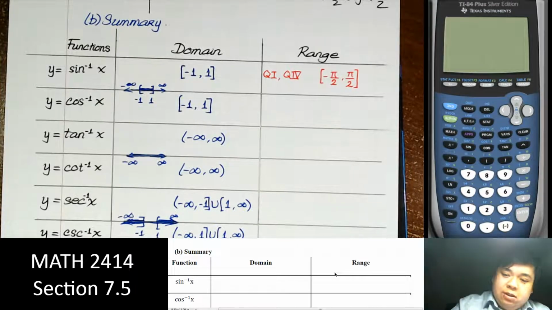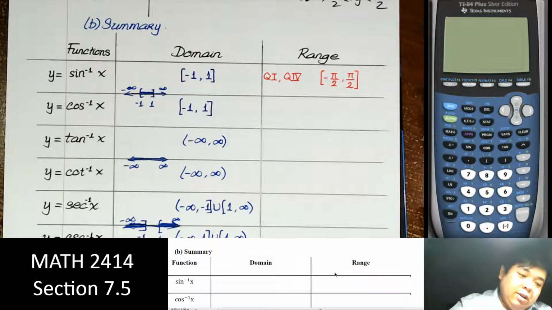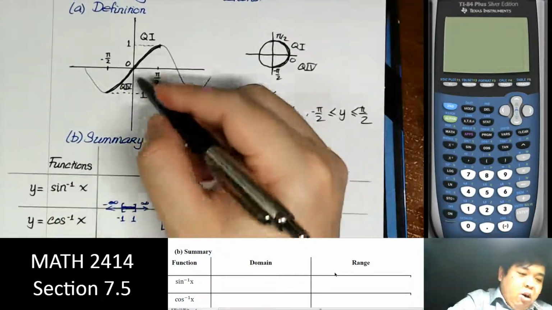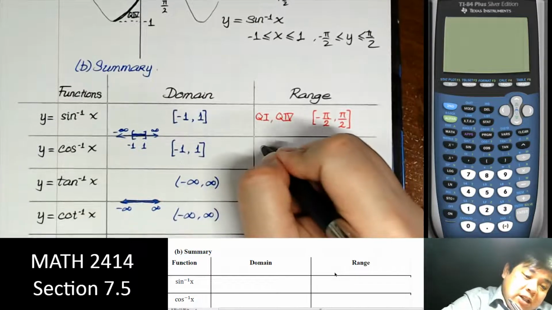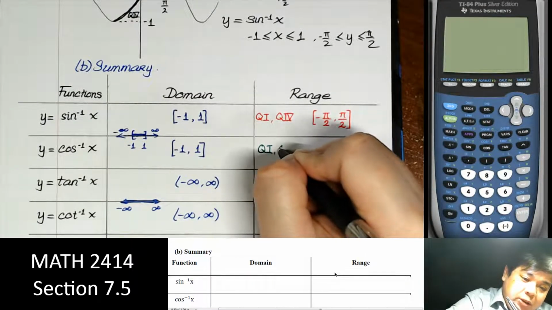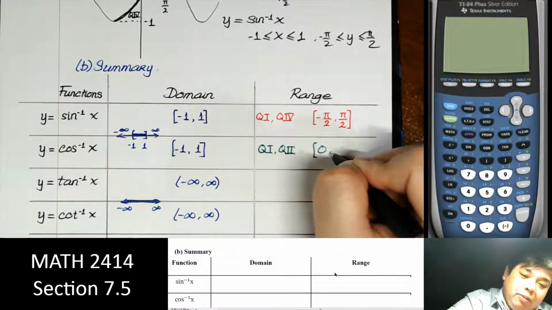I try to use a different color here. For cosine, we can do similar. Cosine is different, but it's going to be quadrant 1 and quadrant 2, meaning that it goes from 0 to pi.